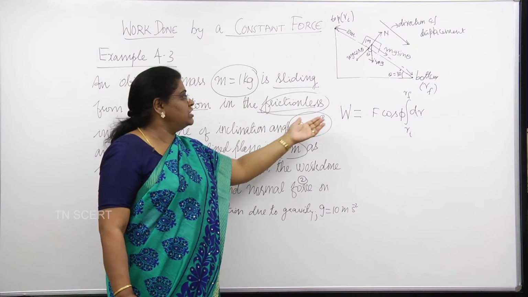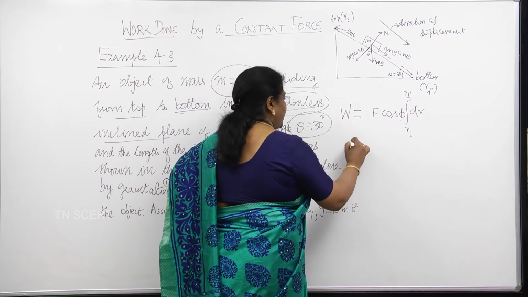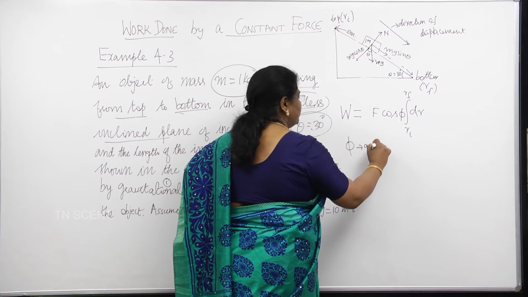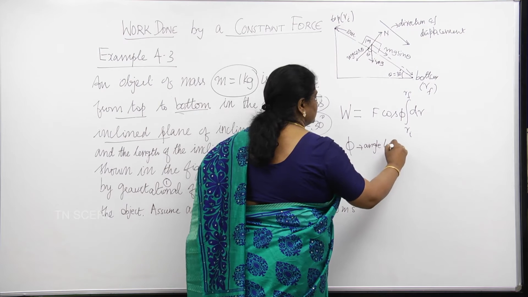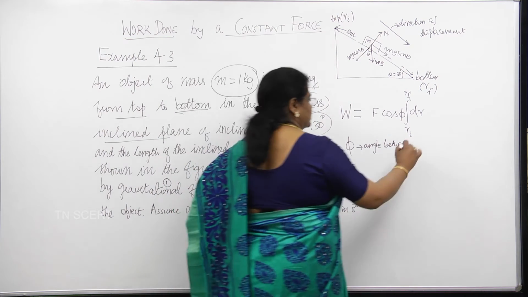I am just writing the work done to be F cos phi, where I am defining phi to be the angle between the direction of the force and the displacement.